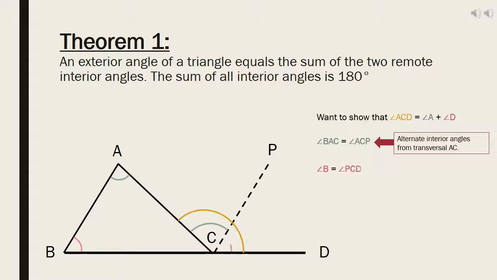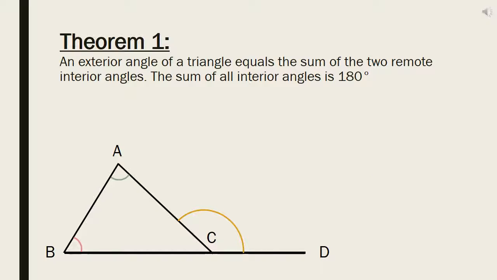Angle B equals angle PCD since these are corresponding angles for parallel lines. It follows that angle ACD equals angle ACP plus angle PCD equals angle A plus angle B. Alternatively, we can see that angle ACD plus angle ACB equals angle BCD equals 180 degrees, which means they are supplementary angles.